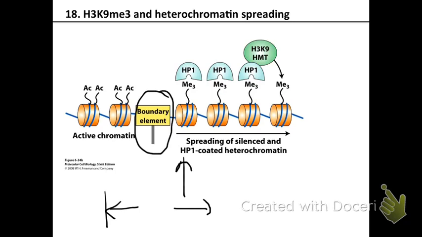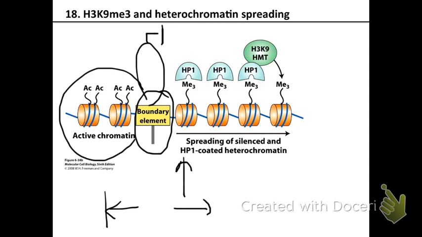These boundary elements are bound by proteins called boundary proteins, and they are basically refractory to any heterochromatin spreading. On the other side of the boundary element, you can have active euchromatin containing acetylation. So this heterochromatin is going to spread to the right. How does it do that?